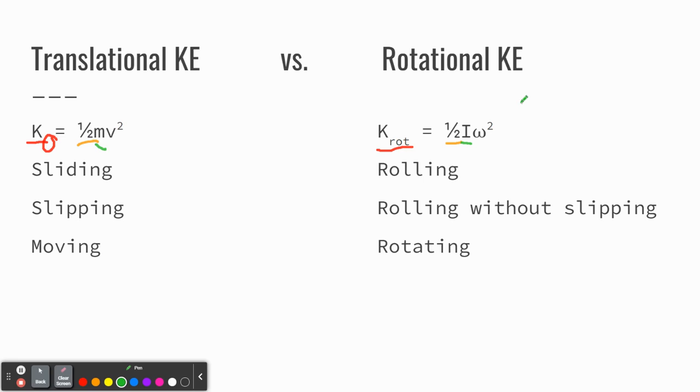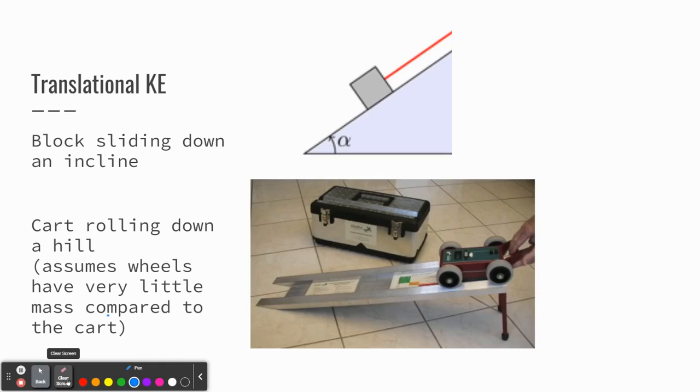Because it's much easier to fling a ruler around if you hold it in the middle versus if you hold it at the end. And then the velocity squared, when we talk about translational, it's just normal velocity. When we talk about something rotating, now it's angular velocity. So it really is exactly the same equation.